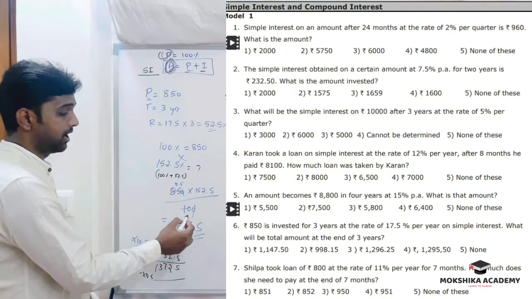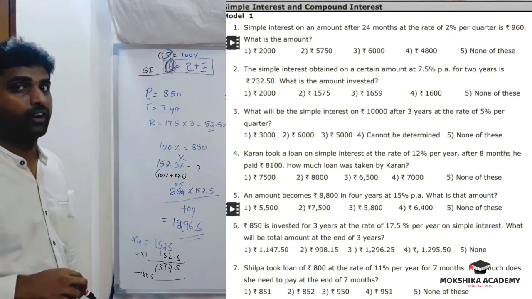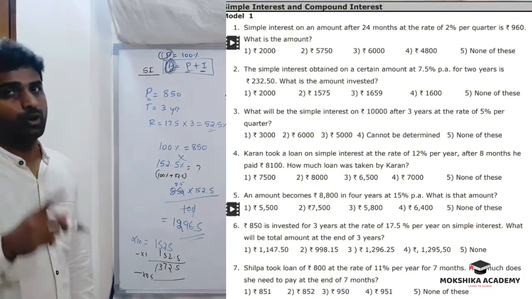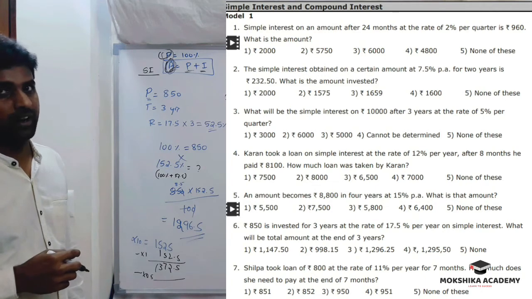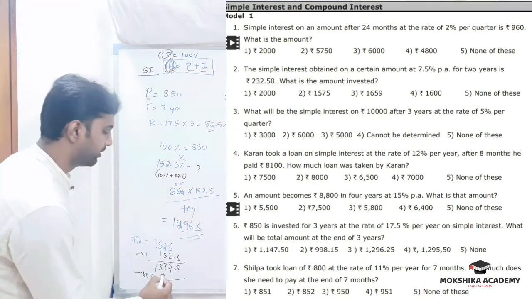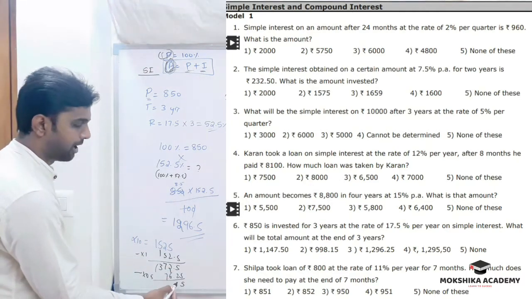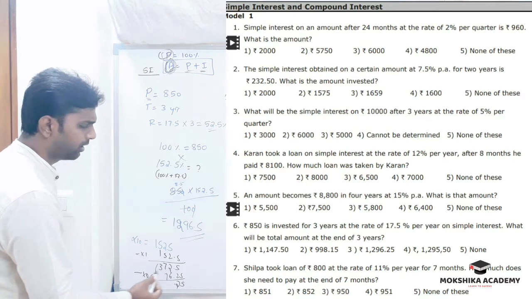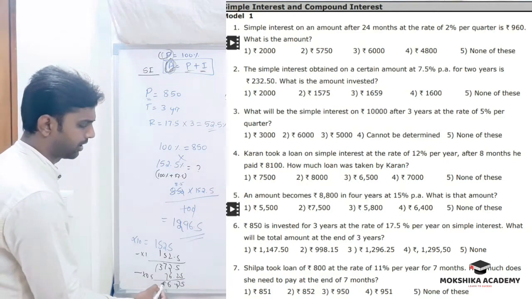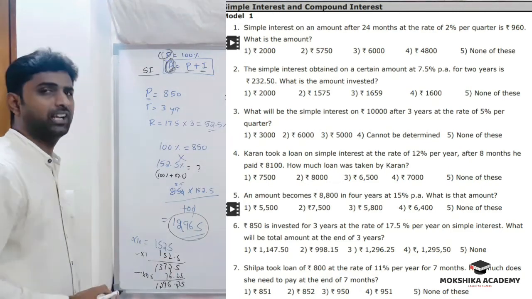So 0.5 means we have to reduce half of 152.5. Half of 150 is 75, half of 2 is 1, half of 0.5 is 0.25. So that comes to 76.25. Then this will become 1296.25. Exactly you will get it, student.